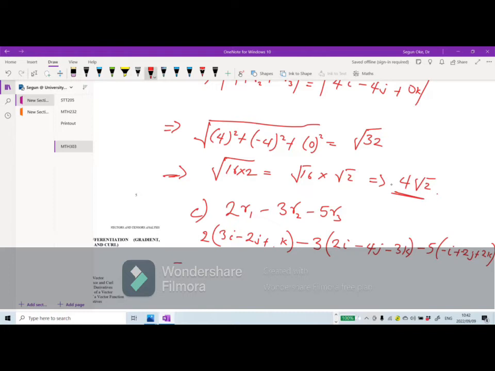So I can open the bracket with this by saying 2 multiplied by this. I have 6i minus 4j plus 2k. Then minus 6i minus 12j minus 9k.